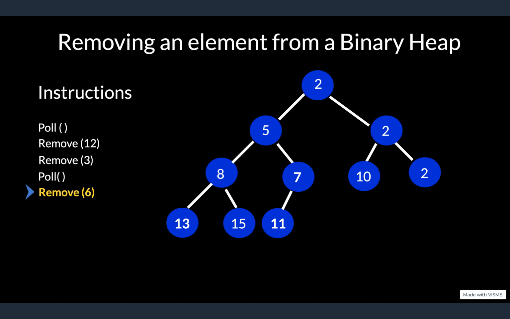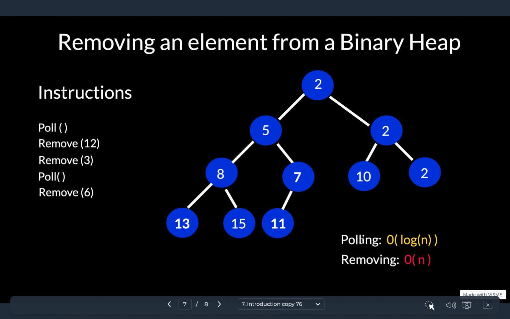All right, now if you take note, you will discover that for the poll operation, we didn't have to search for the position of the element we want to remove. We only had to reset the binary heap after a removal for a poll operation, so that takes log n time.